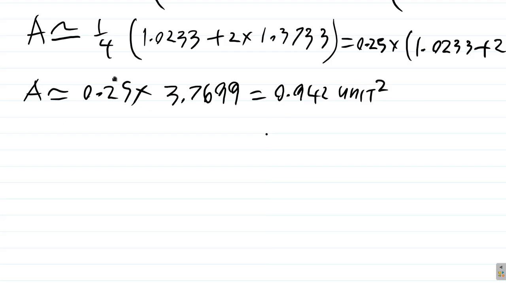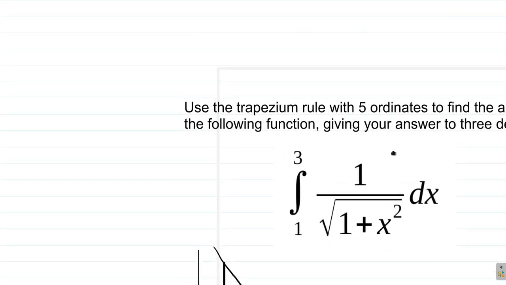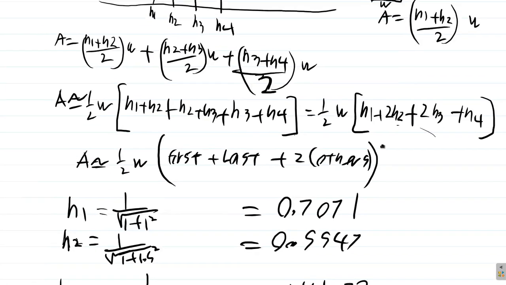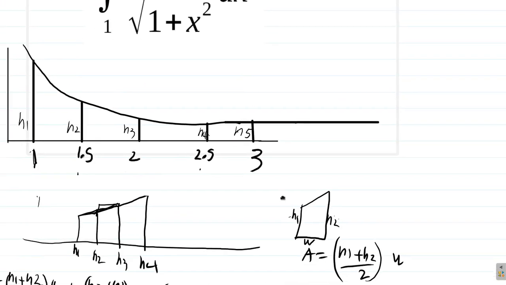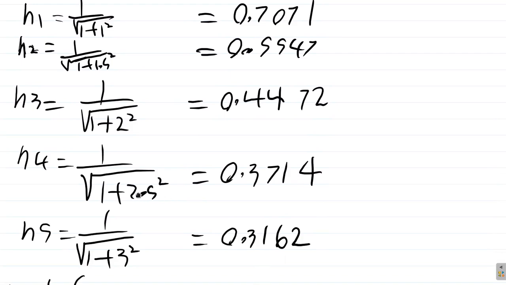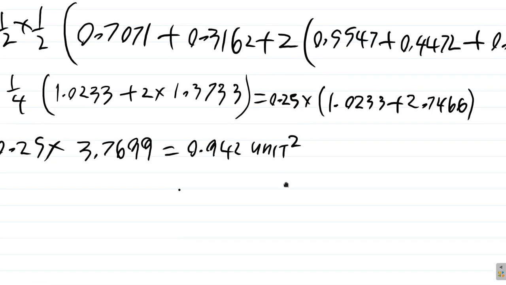All right, what did I give as my answer first? 1.09. Let me see something. Oh, I see where I made a mistake in my original calculation. It was here. I had put 1 over the square root of 2.5 squared instead of 1 over the square root of 1 plus 2.5 squared. That was a mistake.